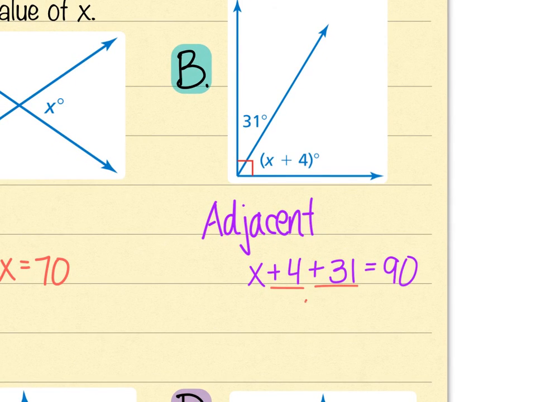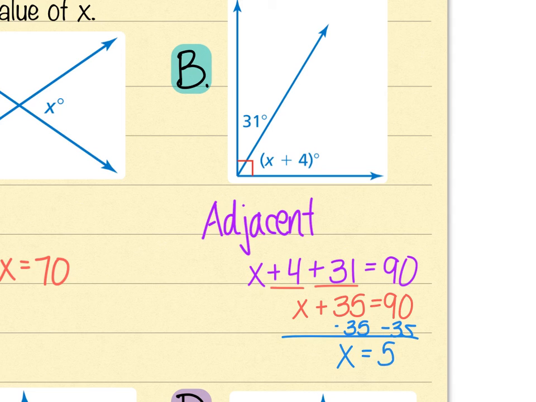So we're going to combine those together to get x plus 35 equals 90. 31 plus 4 is 35. And then we're going to subtract 35 from both sides to get x by itself. And so 90 minus 35 is 55. So we know they're adjacent angles, and because they're adjacent and they make this right angle together, x has to be 55.